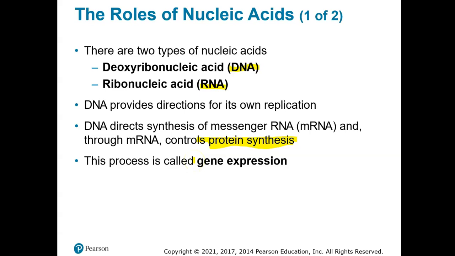It consists of two processes, transcription and translation. So this happens in our cells. But the main thing for now is that I just want you to know that DNA functions in the synthesis of specific proteins. And the two nucleic acids are DNA and RNA.